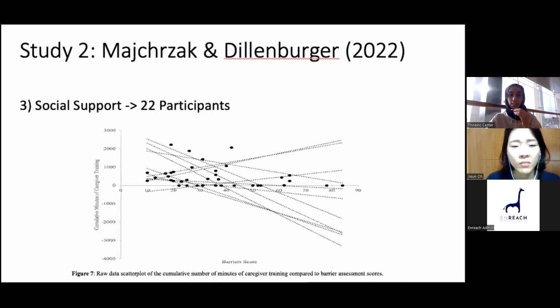The third part of the study, they looked at the social support component. And for this section of the study, they had a total of 22 participants.